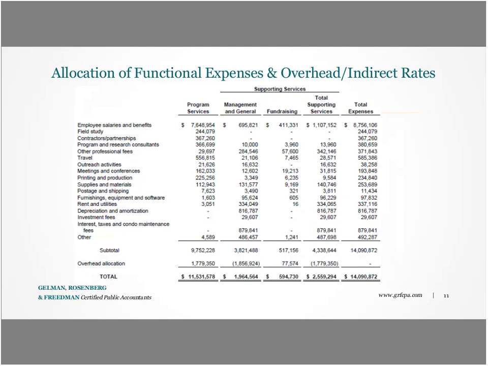But another pretty obvious difference is the below-the-line overhead allocation. This client has identified a pool of shared costs, the $1.856 million that are being moved back to the programs and a little to fundraising in accordance with whatever their selected basis for that allocation was.